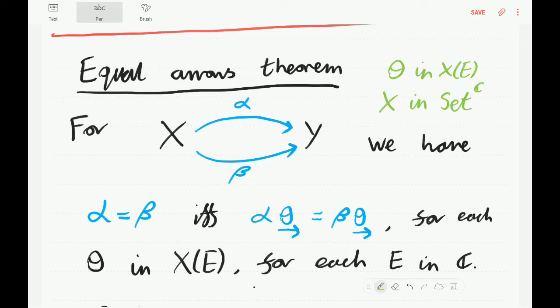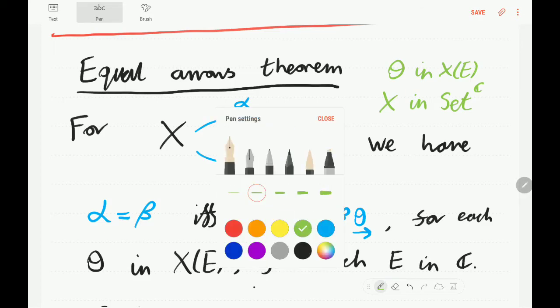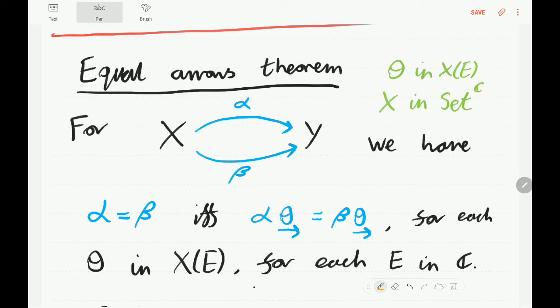It's a generalization of the scenario we have in the category of sets, right? If you have an object in the category of sets, and you want to really understand it fully, all you really need to know is what the elements are in the set. And in this case of an object in set to the power of C, it's similar.